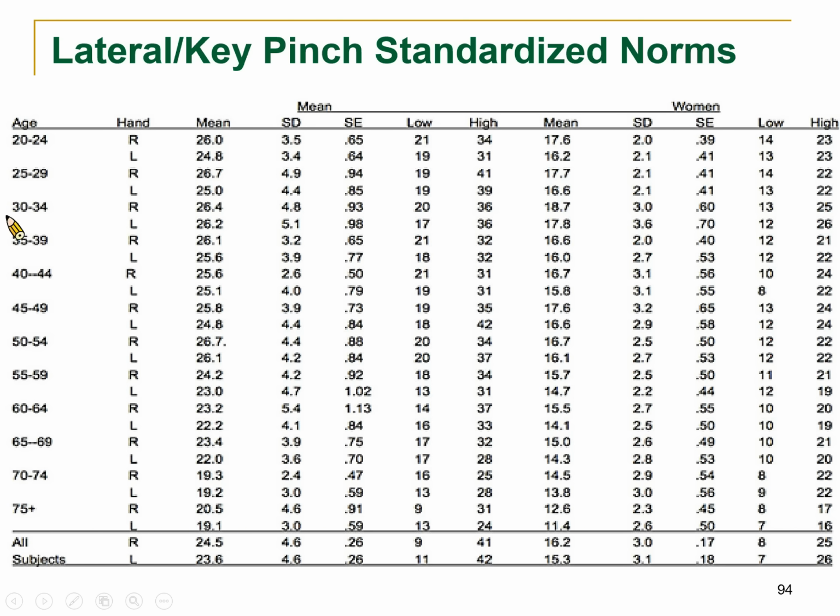For example, if you are a male of 31 years old on the right side, you will have a mean key pinch power of 26.4. If you are on the left side, you have 26.2. Okay, so everybody gets your key pinch power, and you can check this chart to see if you are in the normal or standardized norm.